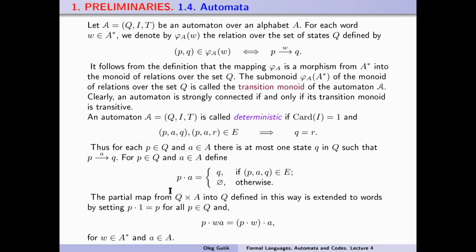The map from the Cartesian product Q by A into Q defined in this way is extended to words by setting P multiply 1 equal to P for all states P, where 1 is the empty word, and P multiply WA is equal to P multiply W multiply A, for any word W over the alphabet A capital and any letter A from the alphabet.